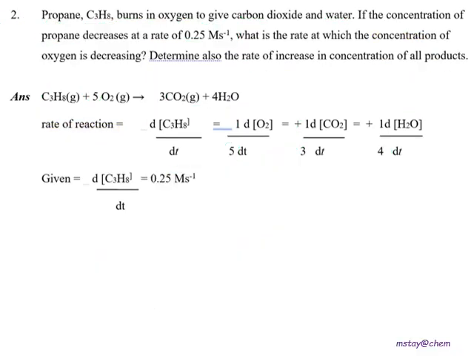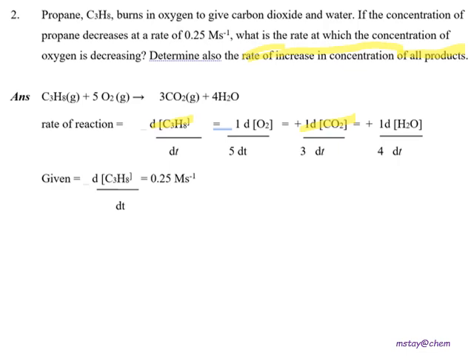Okay, we continue to the next part of the question. We need to determine the rate of increase in concentration for all products. So again, now we are going to compare propane with the carbon dioxide. As usual, we just write down these two.